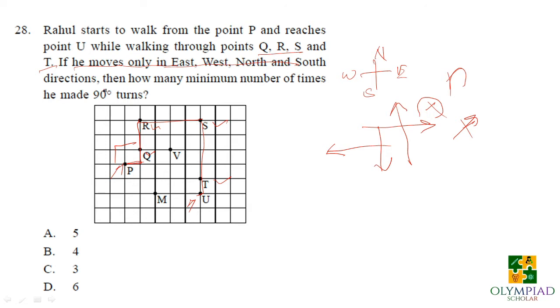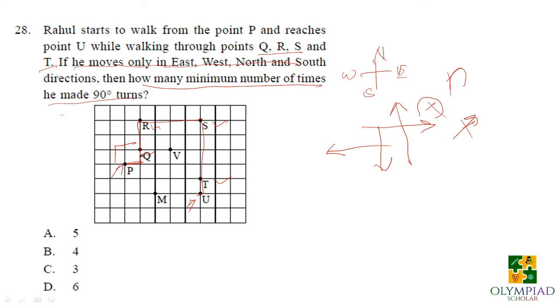But the question is asking how many minimum number of times he made 90-degree turns. So it is the minimum distance I have told you. You might have done some maximum distance, or so many numbers of maximum distance can be found here, but it is the minimum distance I have drawn like this.